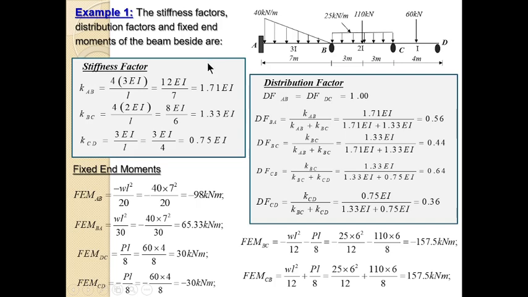Right there we pick the parameters that we calculated here and put them in that formula. The distribution factor at B going to A is now 0.56.